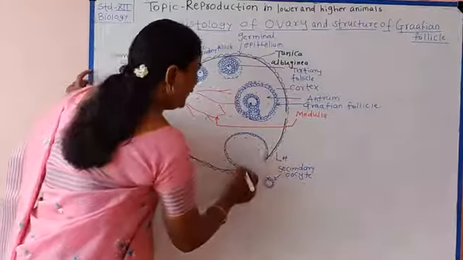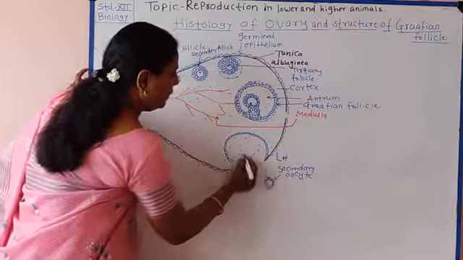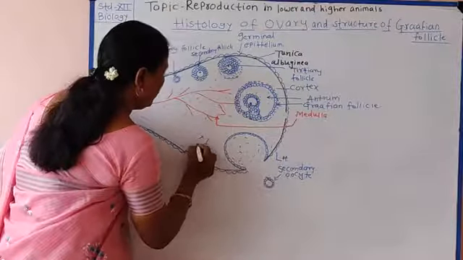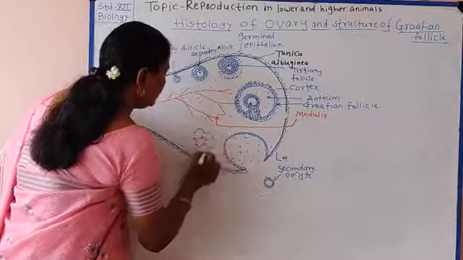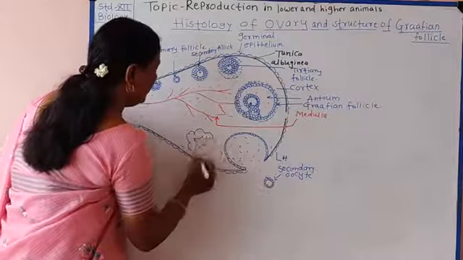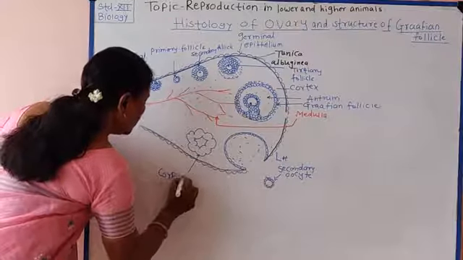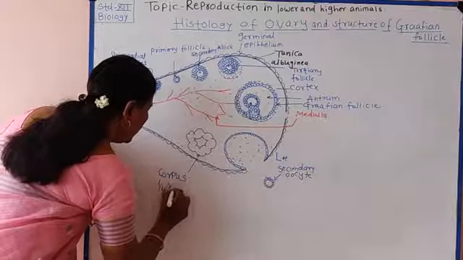So this is the empty Graafian follicle, and now it is converted into the corpus luteum.